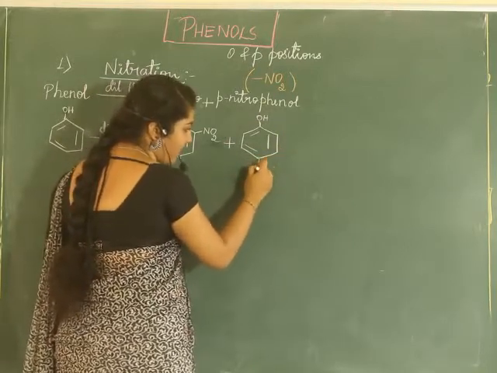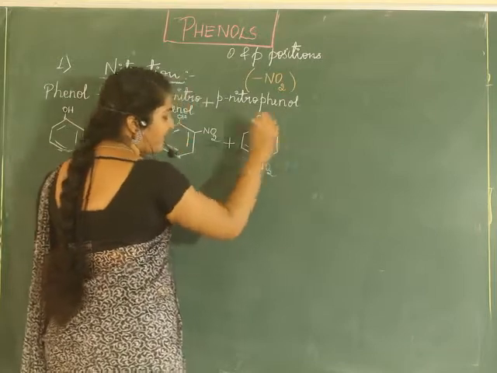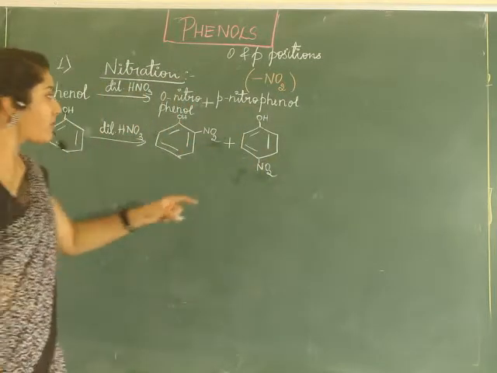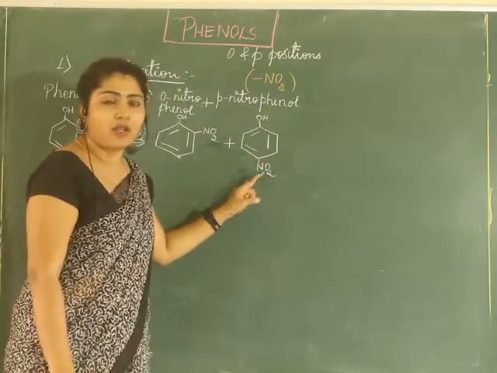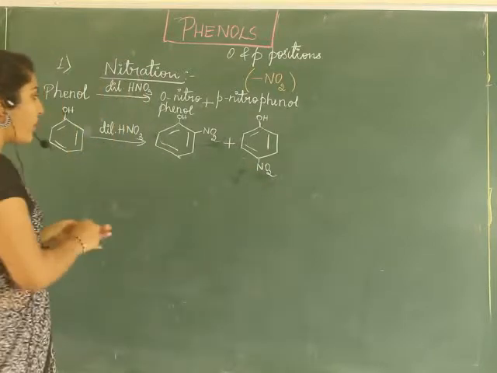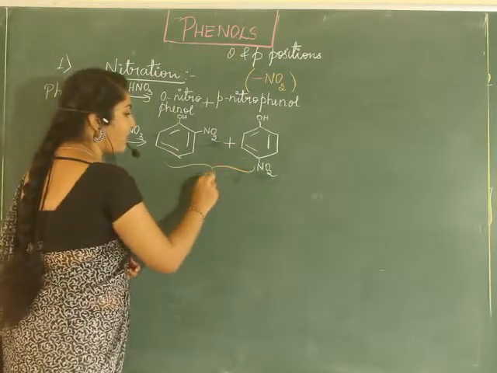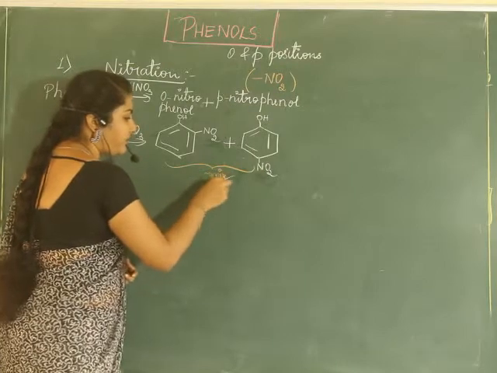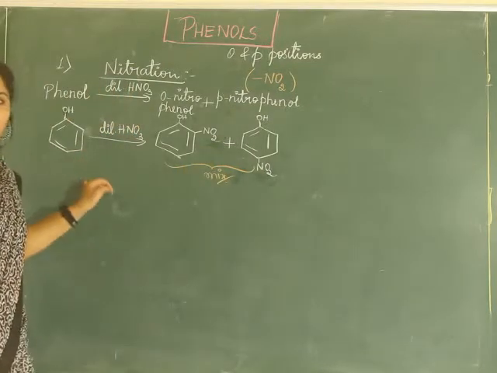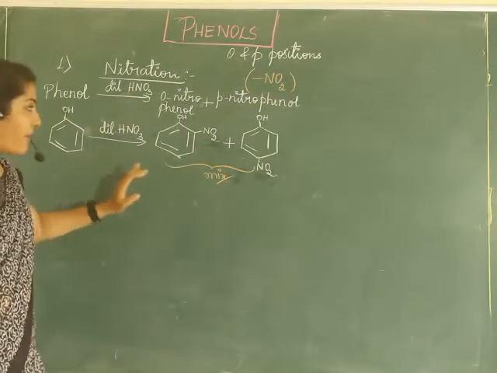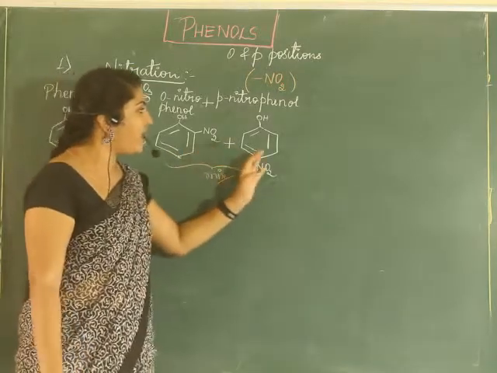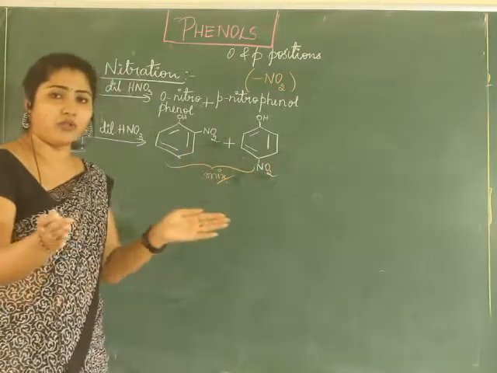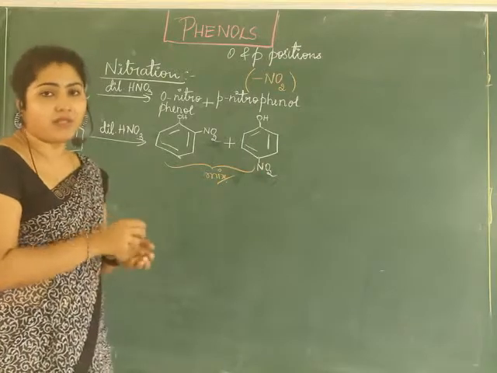So in this position you will get one more NO2 attached. This is paranitrophenol. Now you have got a mixture of orthonitrophenol and paranitrophenol. You can separate the orthonitrophenol and paranitrophenol isomers by steam distillation.